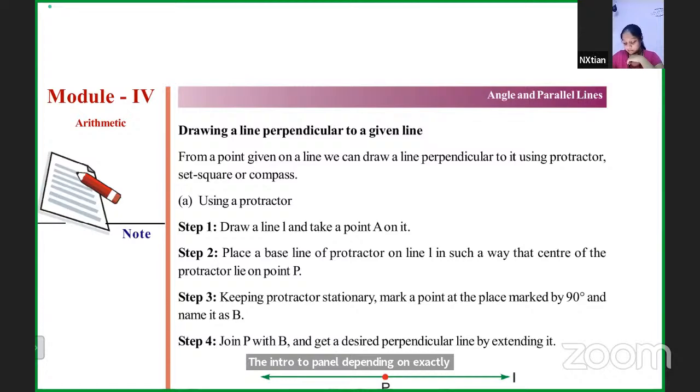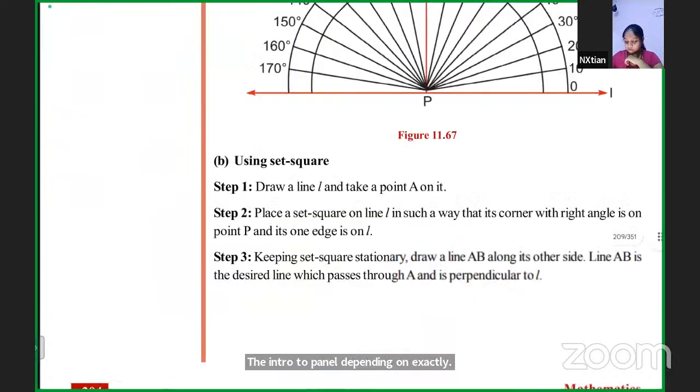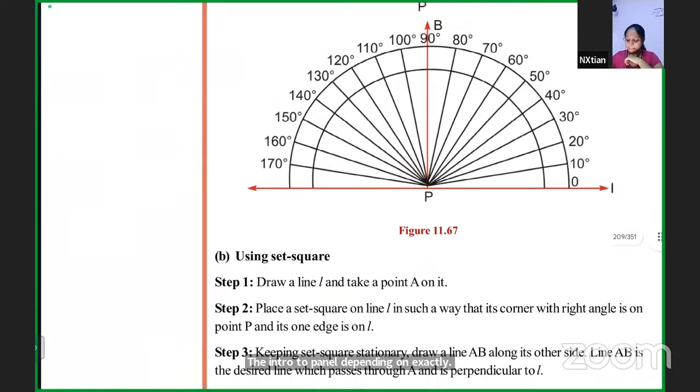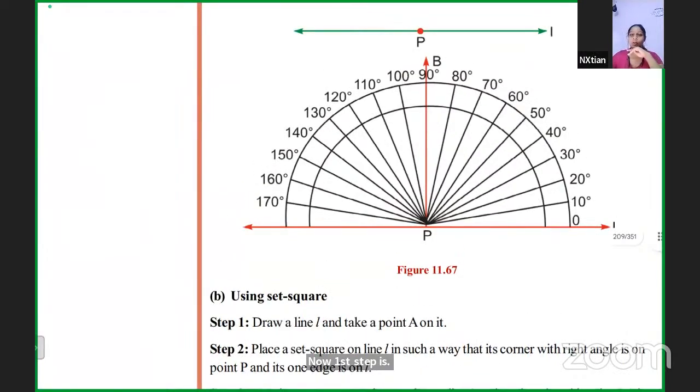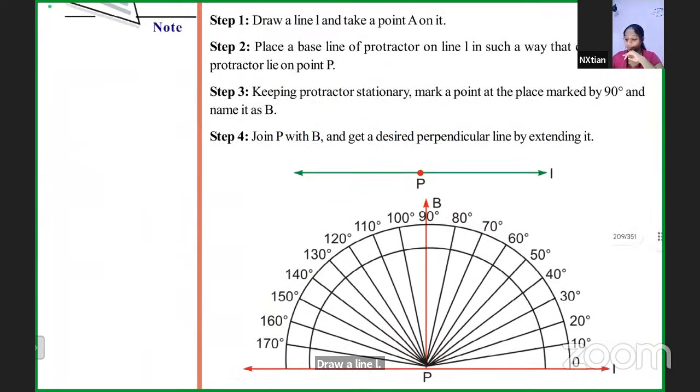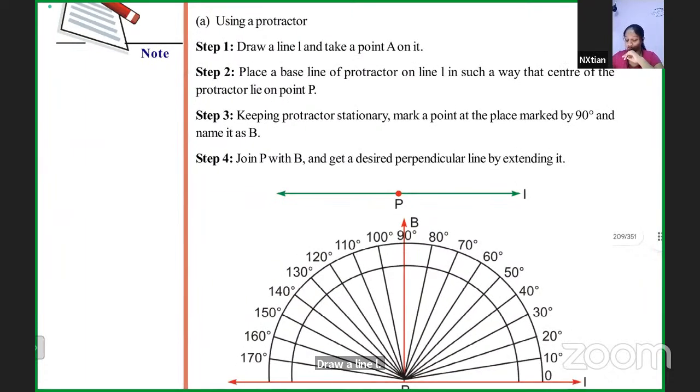Now, first step is draw a line L of any measure. All of you please start doing it.